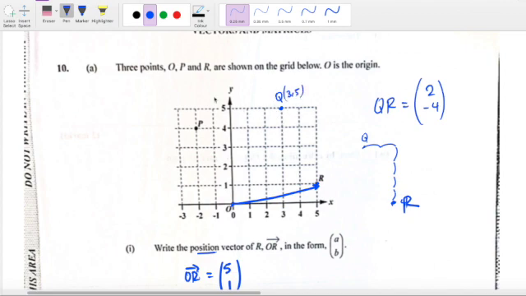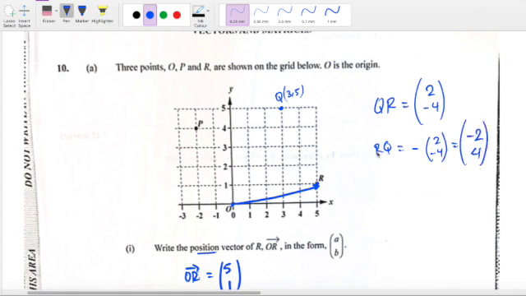Another way to work it out is by saying, if QR is 2, -4, then RQ will be the negative of that, which is -2, +4.